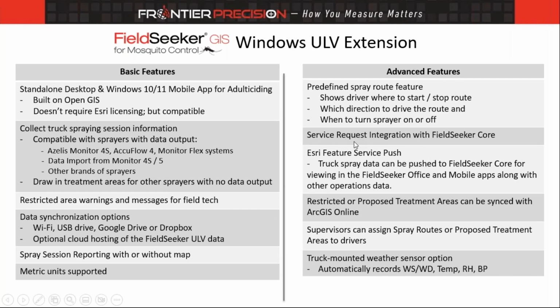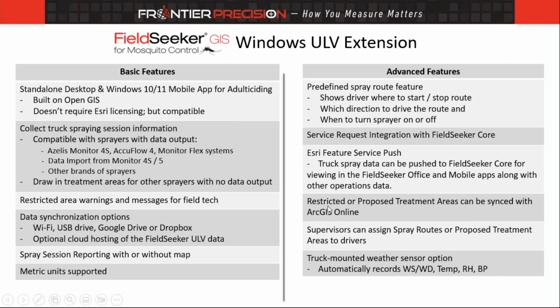We can integrate the service requests with FieldSeeker Core, so you can see service requests on the map when you're using FieldSeeker ULV. We can also do an Esri feature service push, which allows the polygon of the truck spray data to be visible in FieldSeeker Core, so you can see that along with your other operational data.